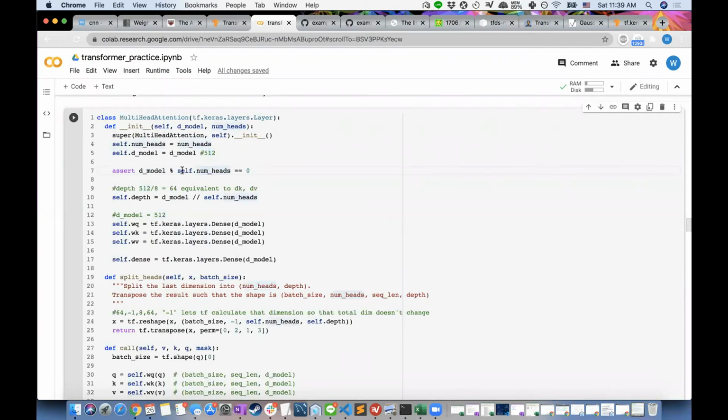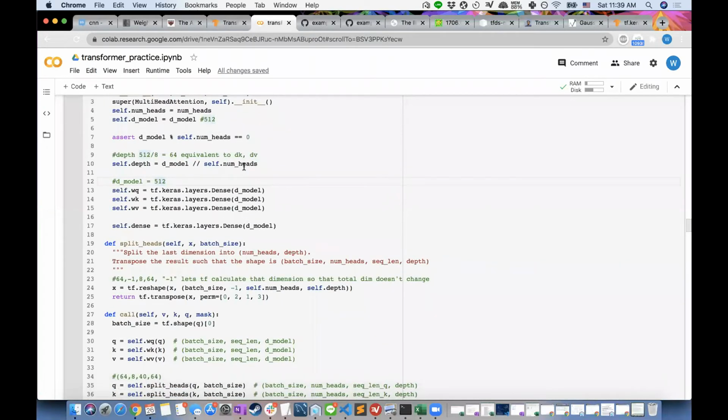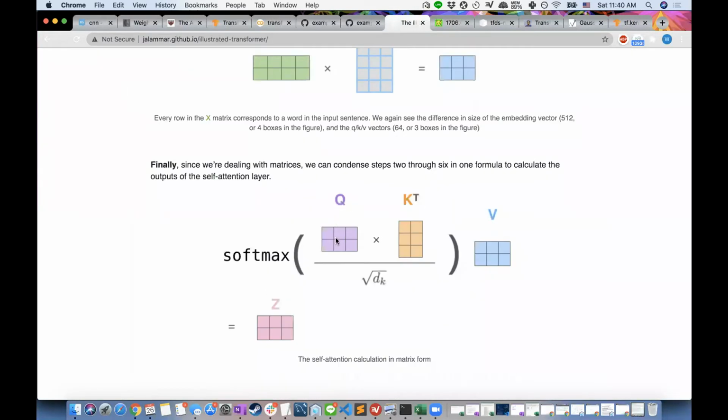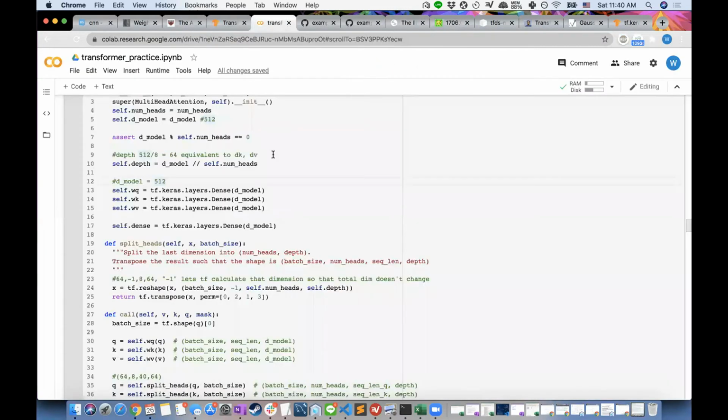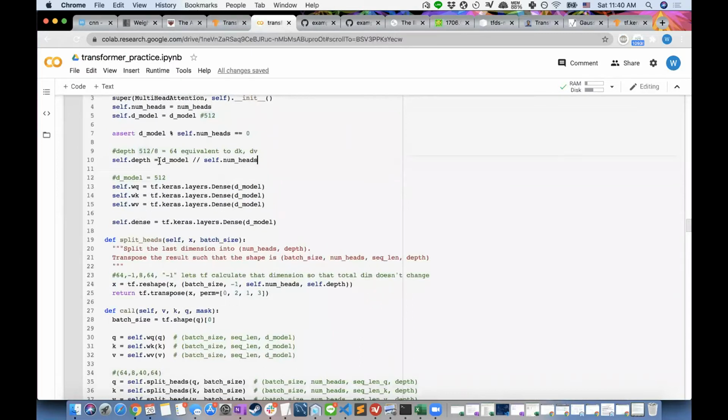Because that's not divisible, and so the assert makes sure you don't do that. Okay, so 512 divided by 8 equals 64. That's equivalent to dimension dk and dv. Again, as I said, the columns of your k and the columns of your v would have to be split. And that's your depth.